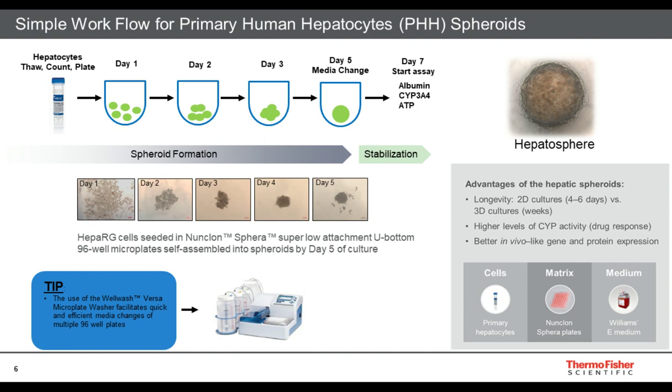Oh, yes, and a tip. As we've been working more and more with these 3D models, the hepatic 3D models and others, frankly, we've been learning a lot about what works, what doesn't work, and what are things that we have to adapt along the way. So we've tried to sprinkle in a few helpful tips that we've learned to either help with the workflow or perhaps give you more reliable results with different types of downstream assays.